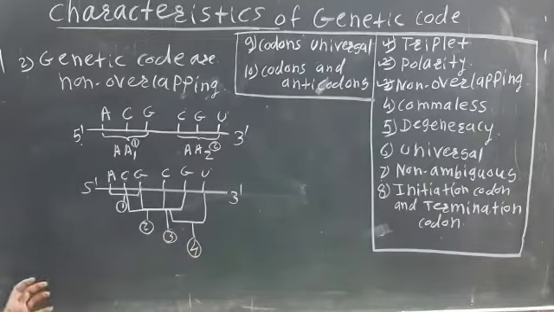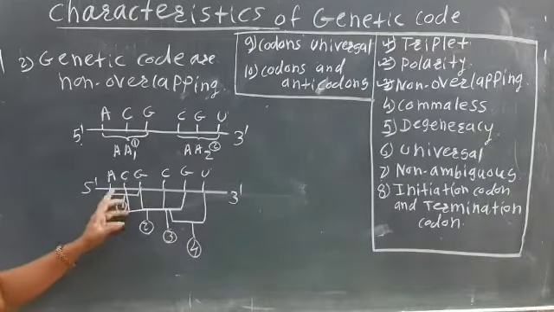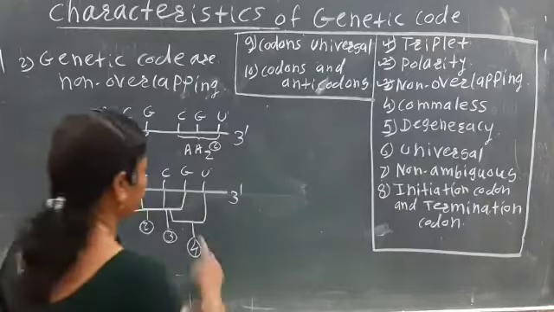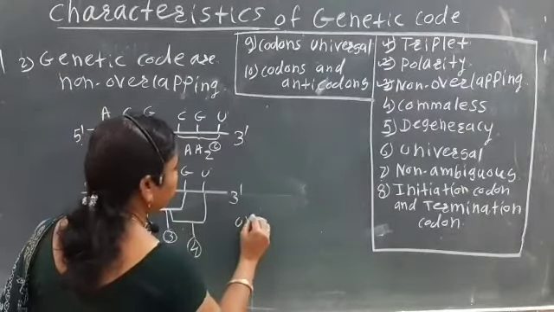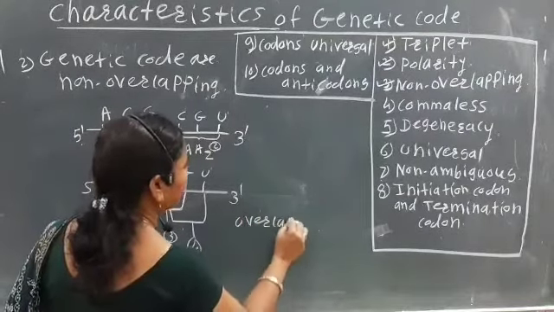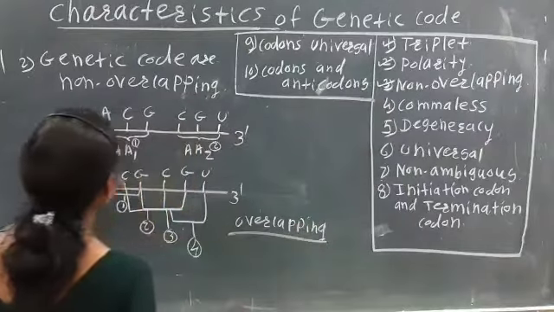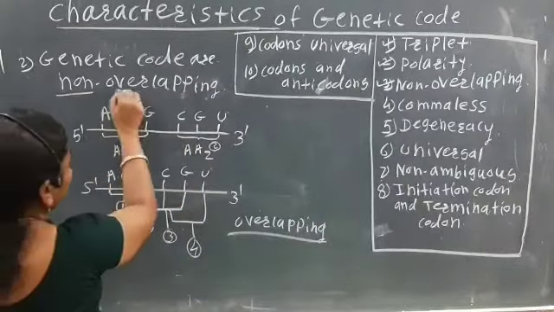In this way, the codons that form here are in the overlapping condition. But genetic codons are non-overlapping.